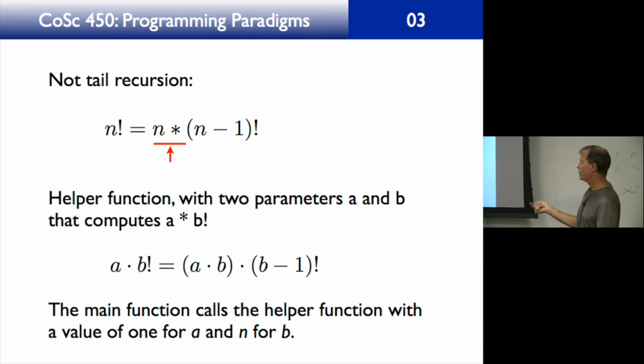No, sorry, b minus 1. When b is 1, doesn't this work with 0 factorial? Right, so is the base case when b is 1? Because then it's 0 factorial times a times b. Oh yes, it is, so the base case is when b is 1.